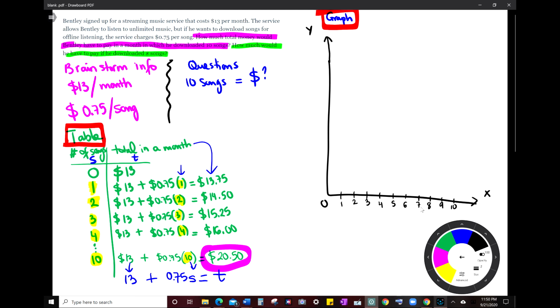And then for the y, we can go by 2: 2, 4, 6, 8, 10, 12, 14, 16, 18, 20, and 22.